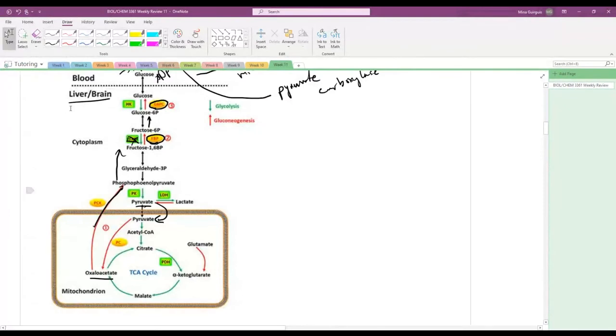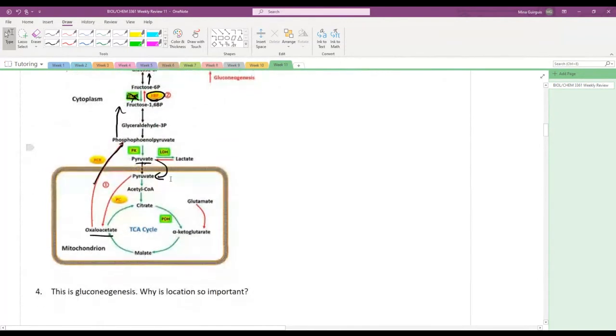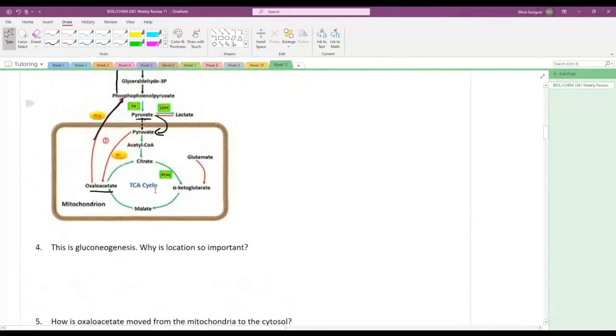Okay? So, the question is, this is gluconeogenesis. Why is location so important? This is kind of 4 questions in one, to be honest.